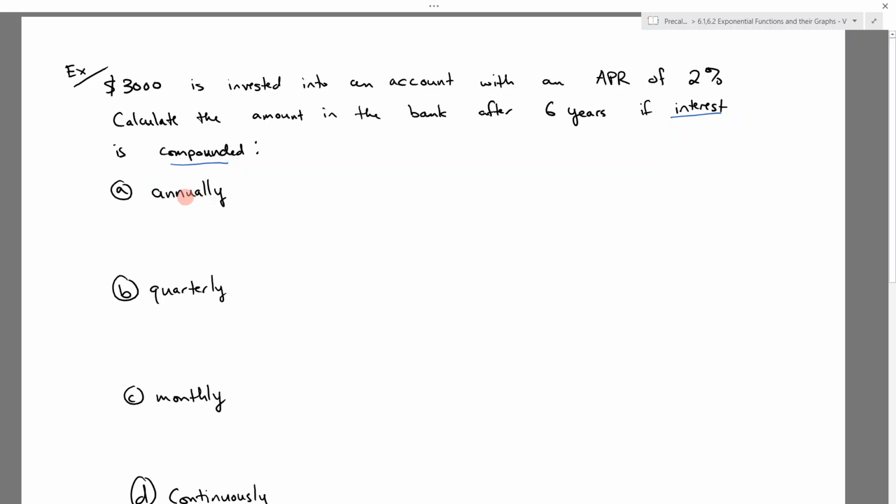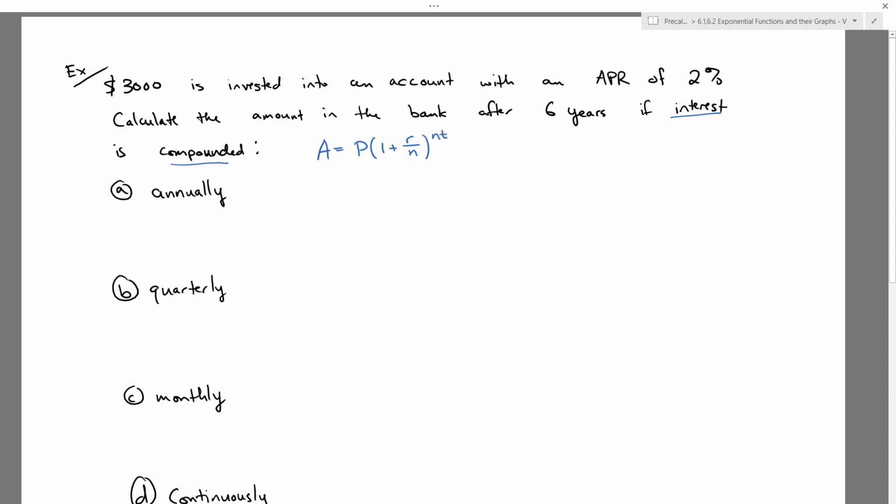And another thing is that it specifies different times that it's compounded. So what is the compound interest formula? It's A is equal to P times (1 plus R over N) to the NT.